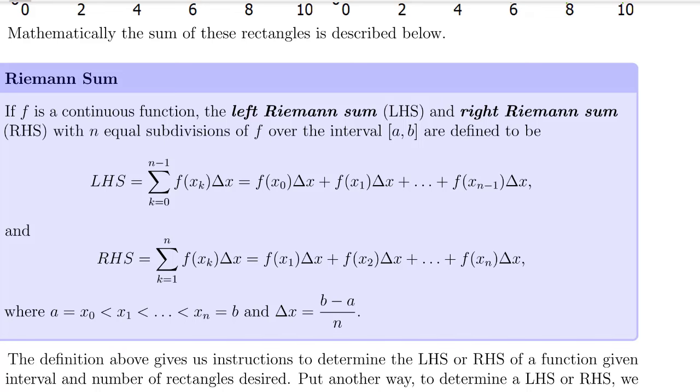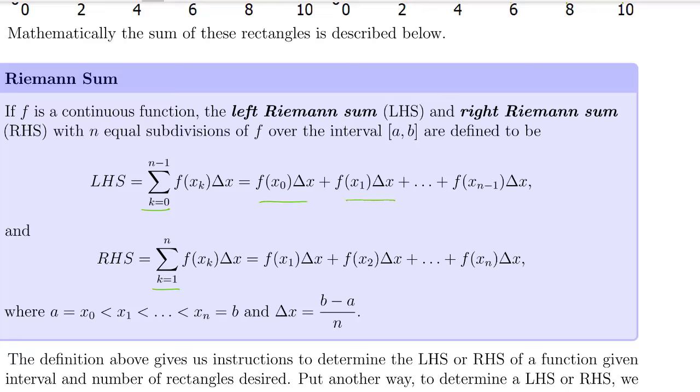So this box below gives us the mathematical definition of the left Riemann sum, or left-hand sum, and right Riemann sum, and that's what we just discussed with those images. You don't need to memorize this formula, but this is just saying that the left-hand sum is a sum. That's what this notation means, here and here. So both the left and right-hand sums are sums of rectangles.